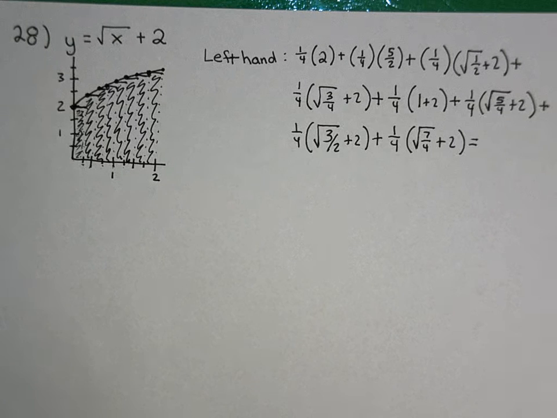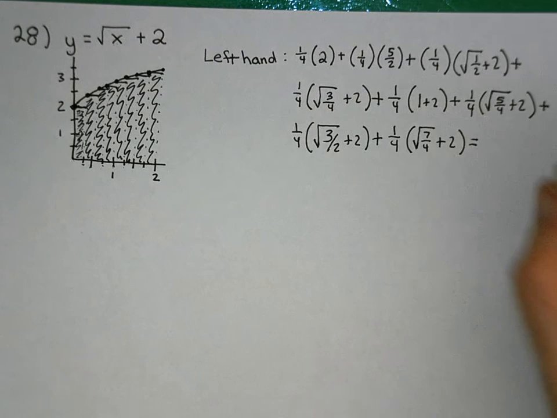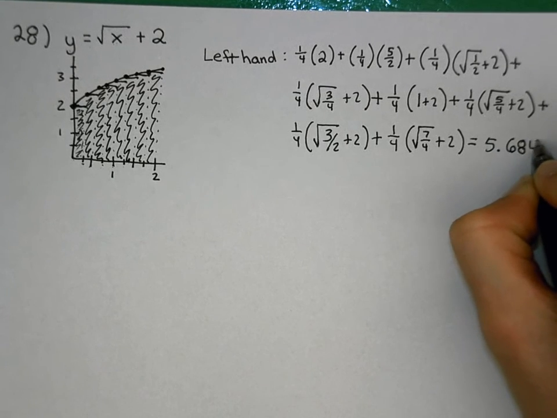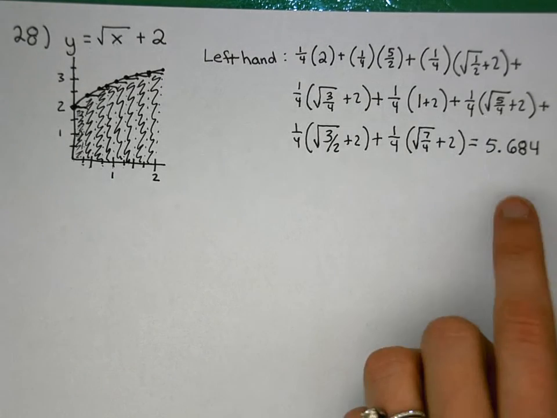So go ahead and take a moment and plug it in yourself, just to get that extra practice. And I get the answer 5.684, which is truncated at 3 decimal places.